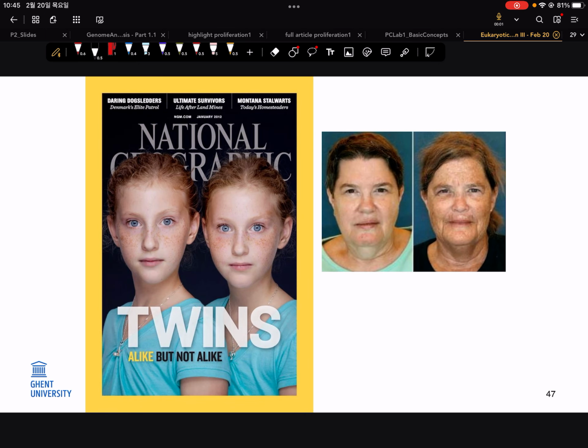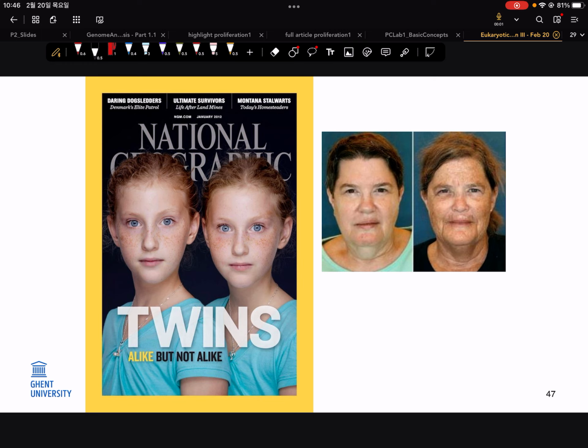And yet another population that we like to study in epigenetic studies are the twins. Because twins are also extremely interesting in terms of genetics versus epigenetics. Genetically they are identical. I'm talking about monozygous twins, they are identical.